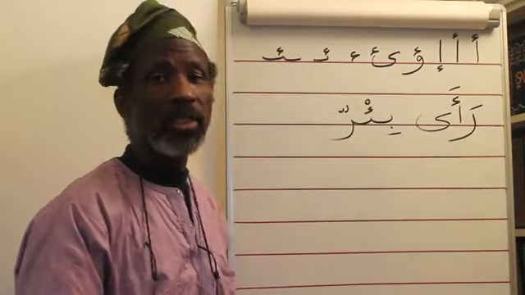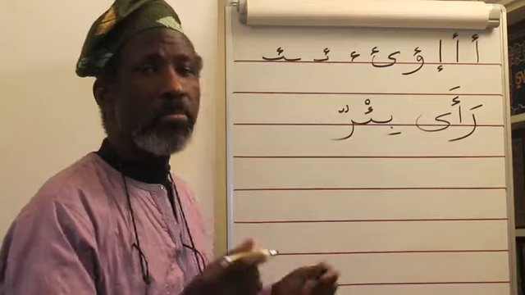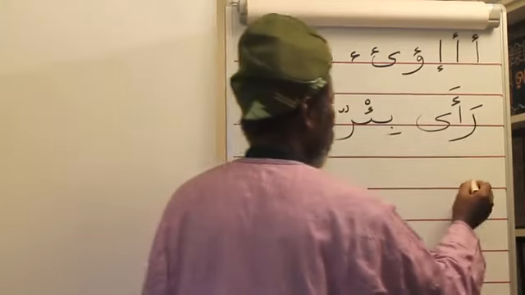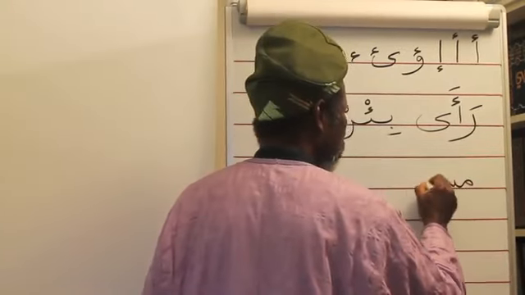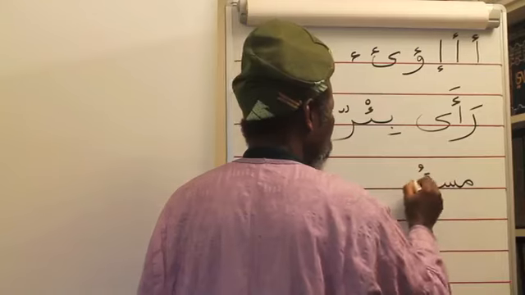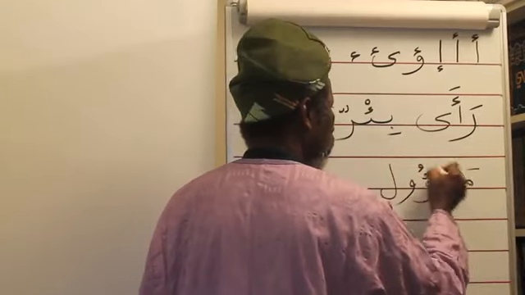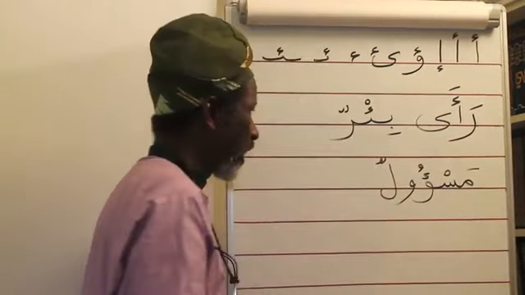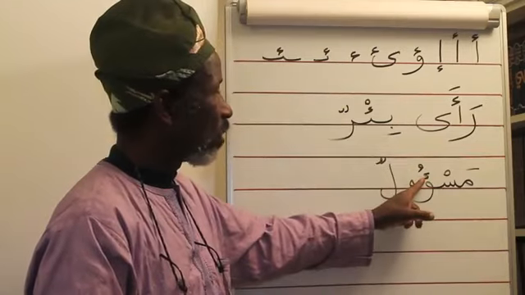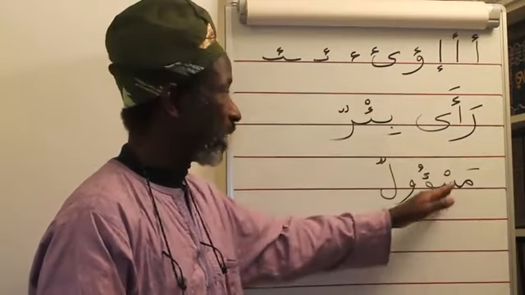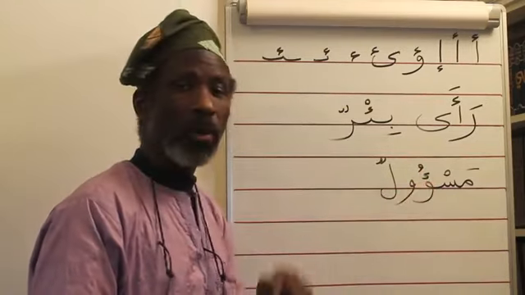And you have sukun on it. Mas'ulun. Again, Hamza is sitting on waw. So just mas'ulun. Just ignore the waw, the chair.